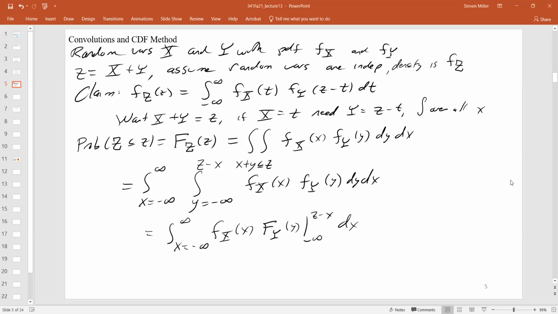What do I get when I evaluate it at negative infinity? I get 0. So it's just my cumulative distribution function evaluated at z minus x.